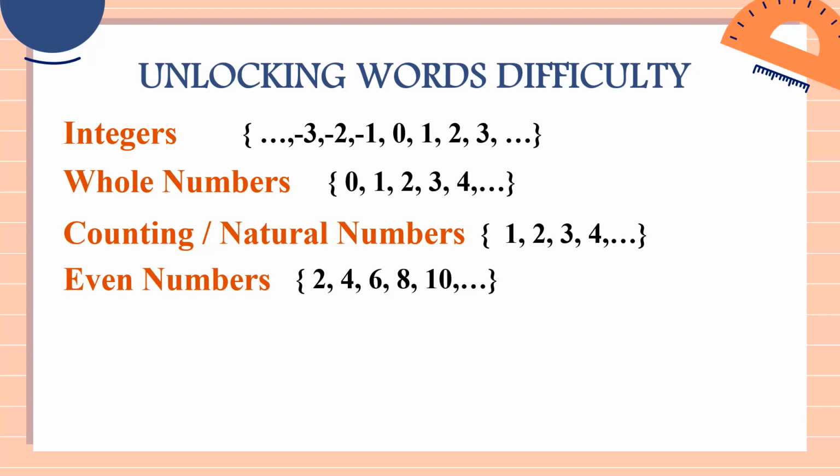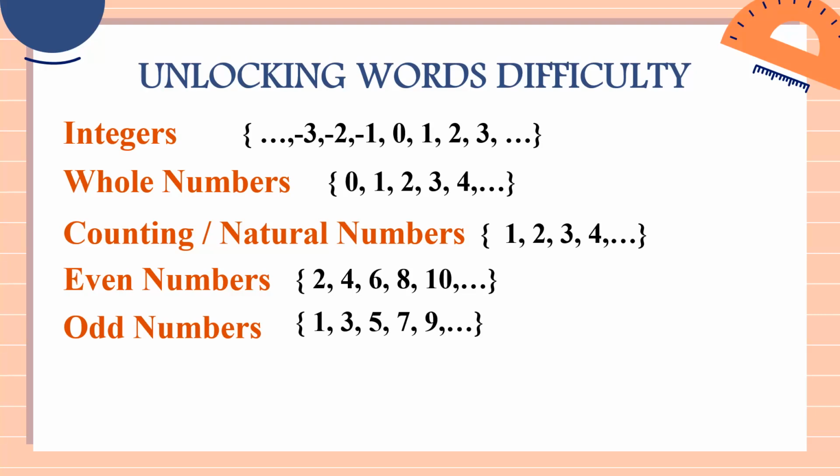So our example, 2, 4, 6, 8, 10, and then 12, and then 14, and then 16, and then so on and so forth. And we also have odd numbers. And our example, we have 1, 3, 5, 7, 9, and then so on and so forth. Next number will be 11, 13, 15. I'm sure class, you're familiarized also with odd numbers. So numbers that are not divisible by 2.